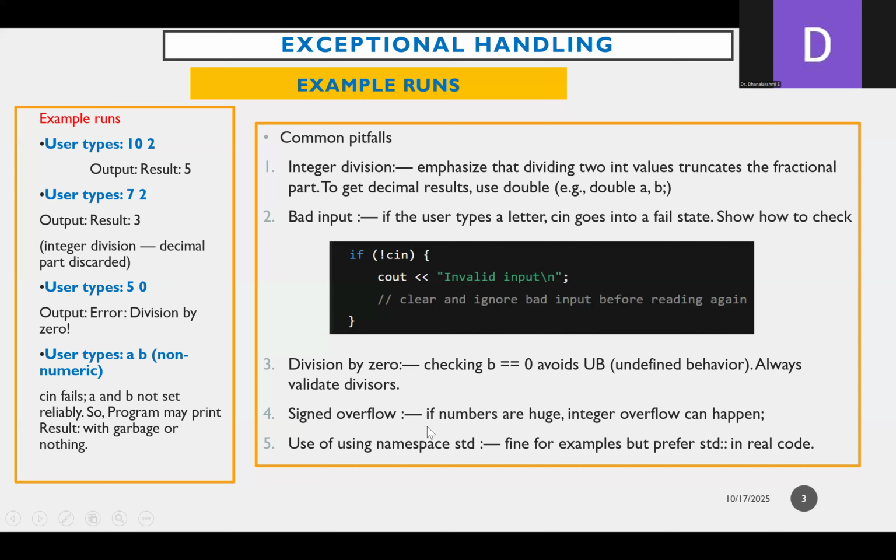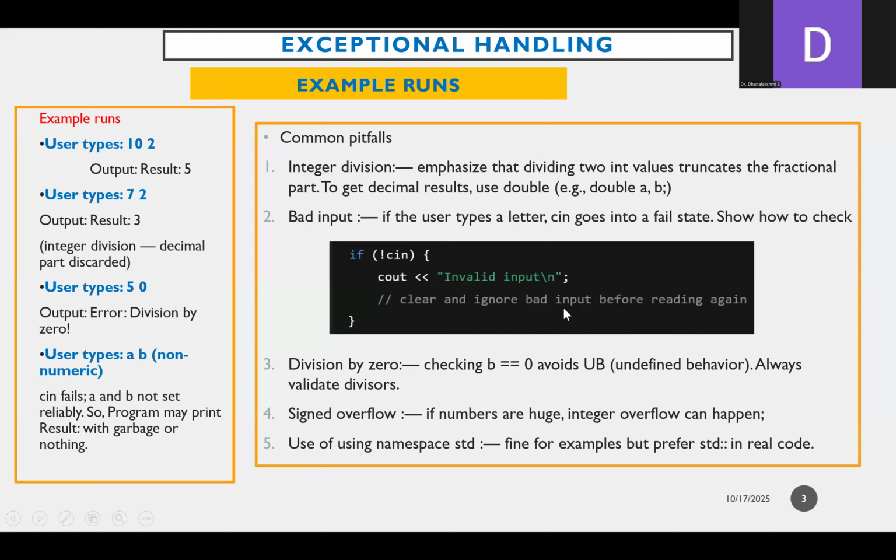Integer overflow in big calculations will also lead to a crash. Namespace pollution in larger projects. So we have to keep all these in mind before doing very good programming.